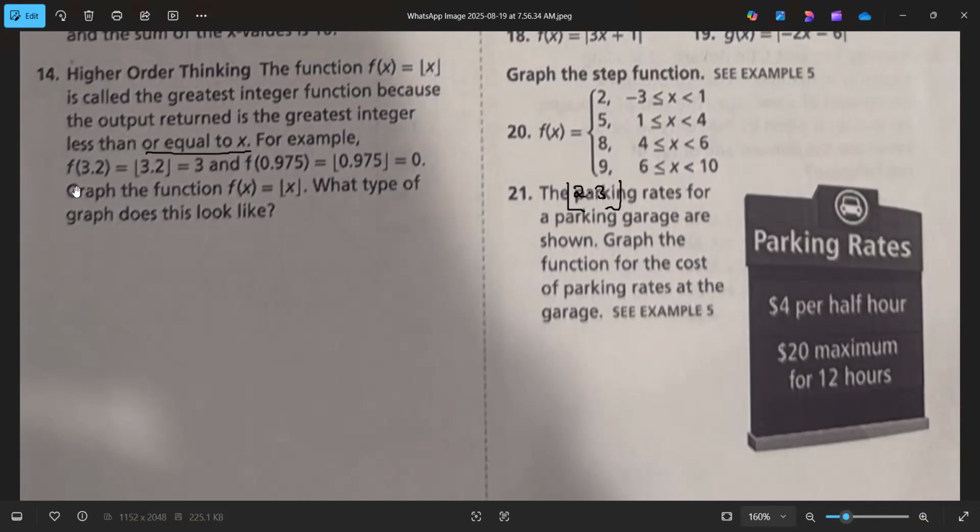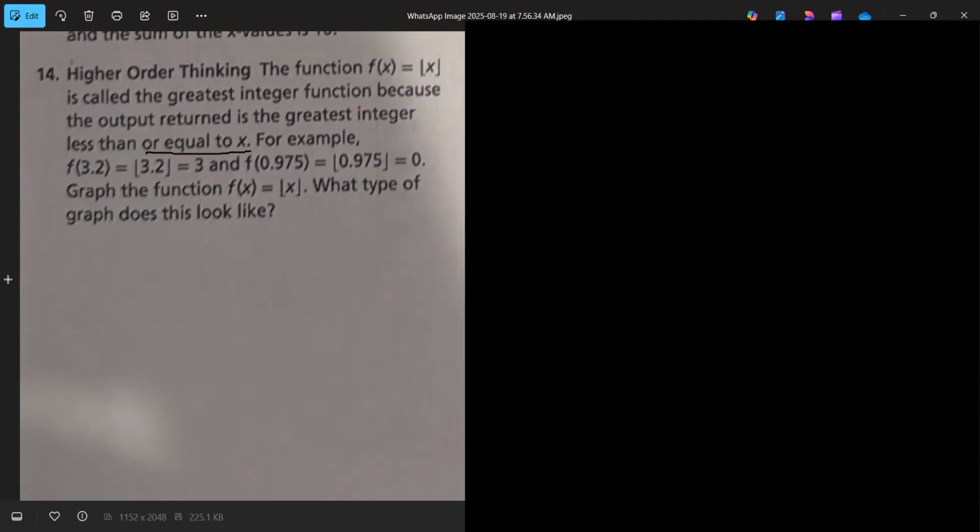This is the symbol of the greatest integer function.